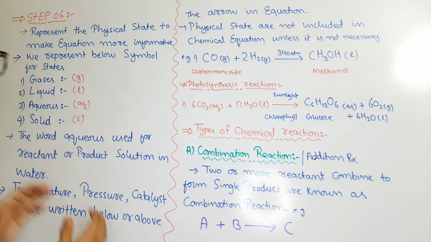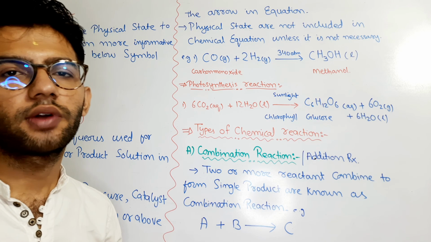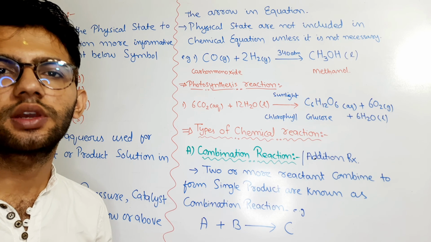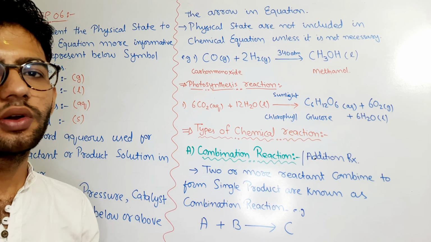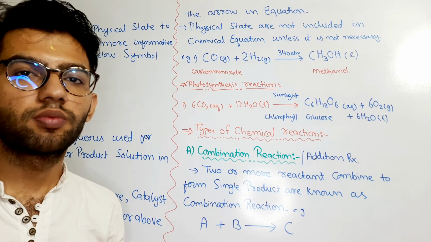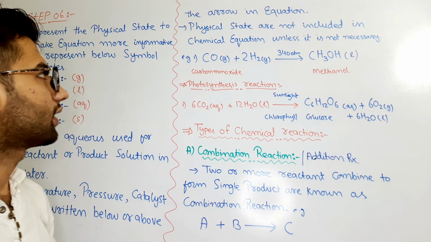So why did we add step 6? We represent the physical states of our reactants and products, and the temperature, pressure and catalyst information above or below the arrow, in order to make our equation more informative than it was in step 5.